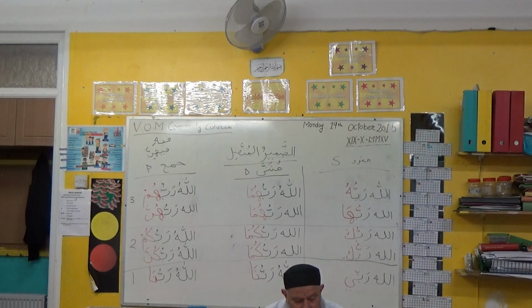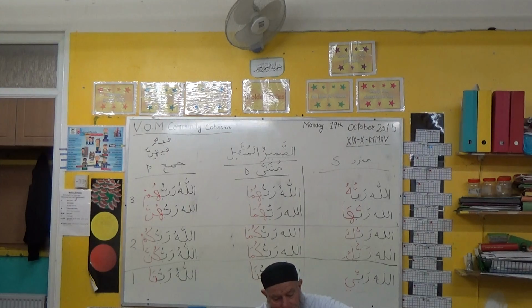But read it below the chart, with the attached pronouns or pronoun suffixes, read from right to left. Okay, so singular: hu, he, huma, hima, them, both, hum, him. Ha is her, huma, hima, them, both.